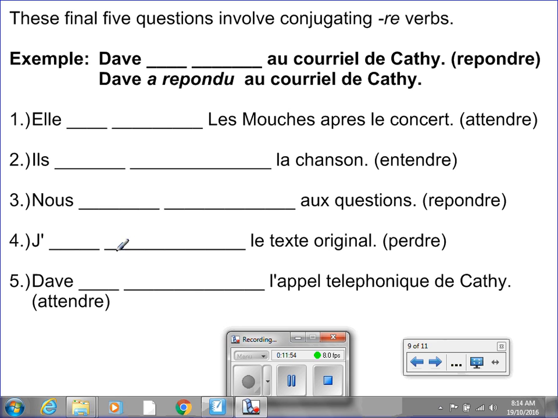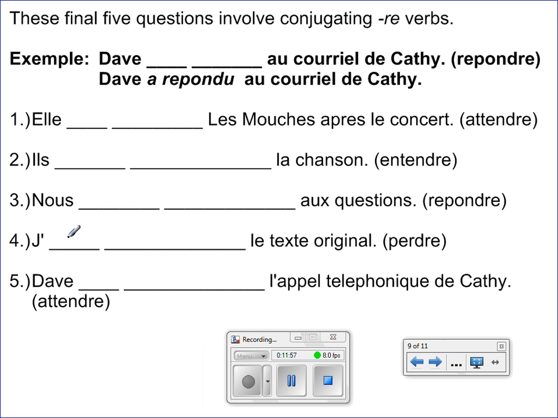So I have to conjugate avoir. I'm working with je, so that is going to change to j'ai. And I'm going to rewrite my main verb, perdre. Again, it means to lose. But I'm going to drop the RE. The RE will change to u. Okay, so put the video on pause so that you can try out the remaining four questions.